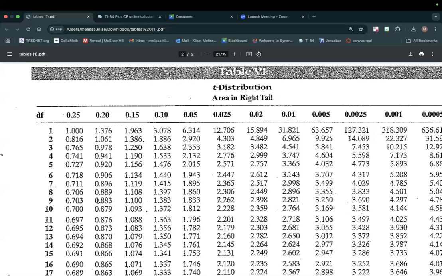And I'm going to go over and right here, it's 0.879. I can see that my t value is 0.879. So 10 degrees of freedom. Now here's the 0.2, 0.879. Let's write this.